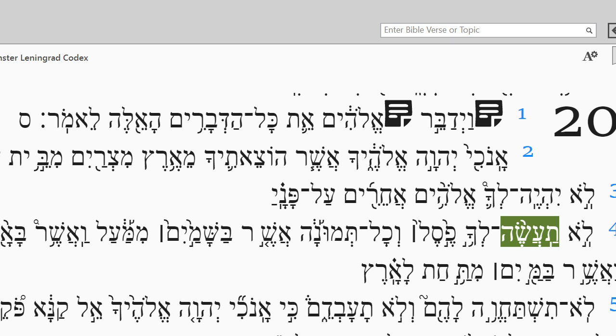Now, before Tha Aisha, which means you shall make, you see the Hebrew word la'ah. Okay? Now, the Hebrew word la'ah, many of us know, means no or not. So this word la'ah negates this word Tha Aisha. Tha Aisha again means you shall make. But because we have this word la'ah at the beginning, it now changes from you shall make to you shall not make.